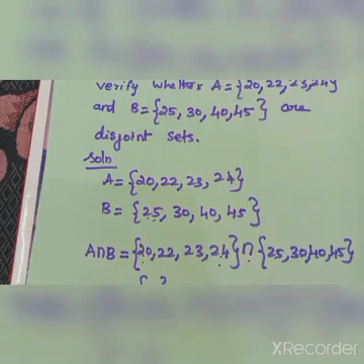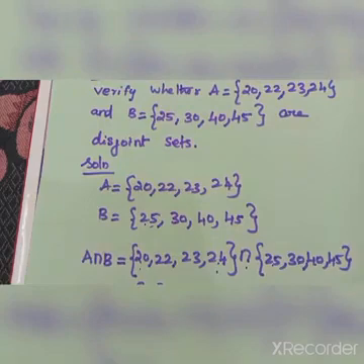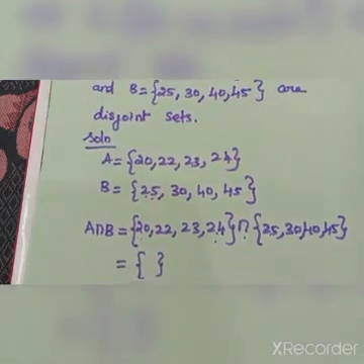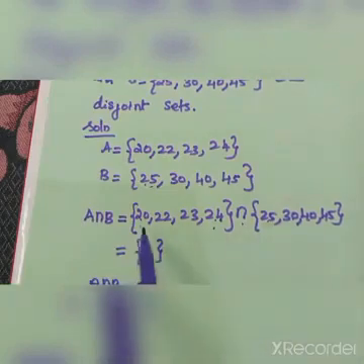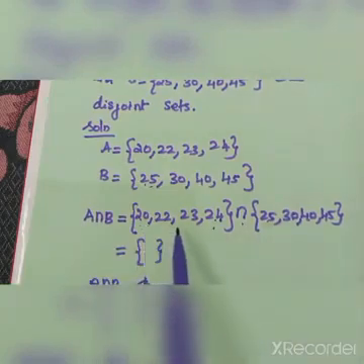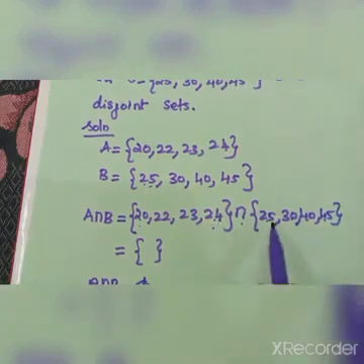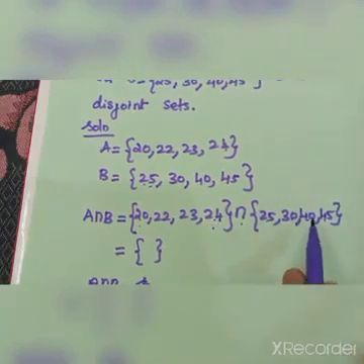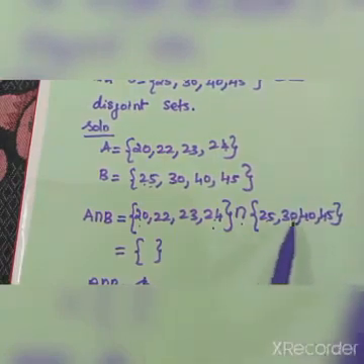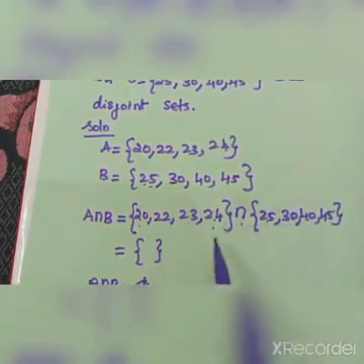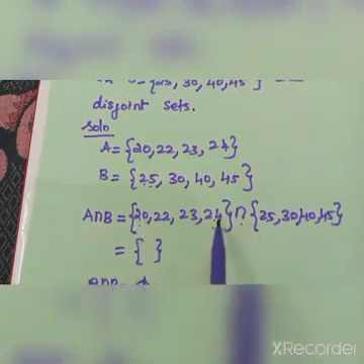For that we have to find A intersection B. A intersection B is equal to A set intersection B set. The A set is {20, 22, 23, 24}, and the set B is {25, 30, 40, 45}. Now compare the elements. Are there any common elements in both sets? Here 20, 22, 23, 24.